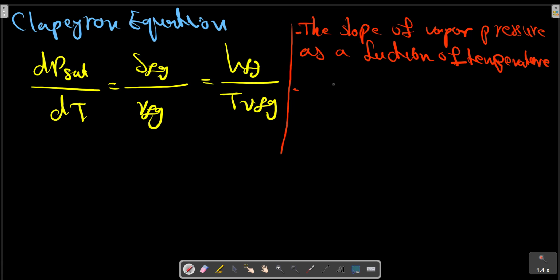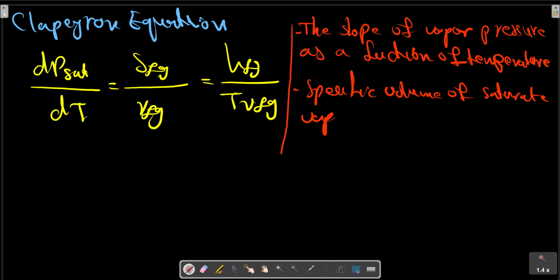We can also measure the specific volume of saturated vapor and saturated liquid at a given temperature.